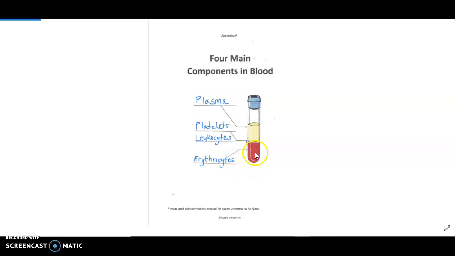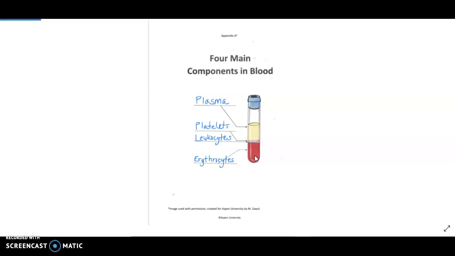The first one that I'm going to discuss is the erythrocytes, or red blood cells. Red blood cells are typically used for the transport of oxygen and carbon dioxide.